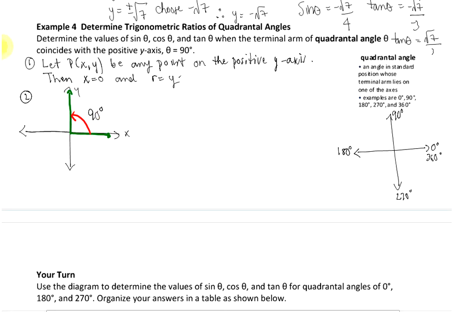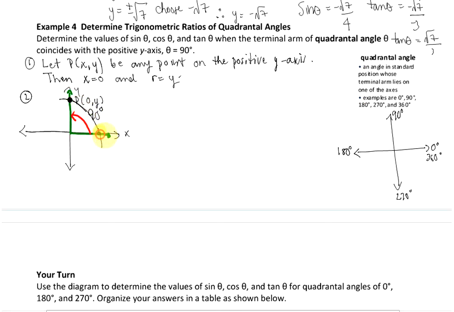Okay, and our point P, because it's on the y-axis, has an x-coordinate which is 0 and a y-coordinate which we will just leave as y. Now, we can't draw ourselves a reference triangle for this. What we can do though is consider a point moving around a circle. So it would look something like this.